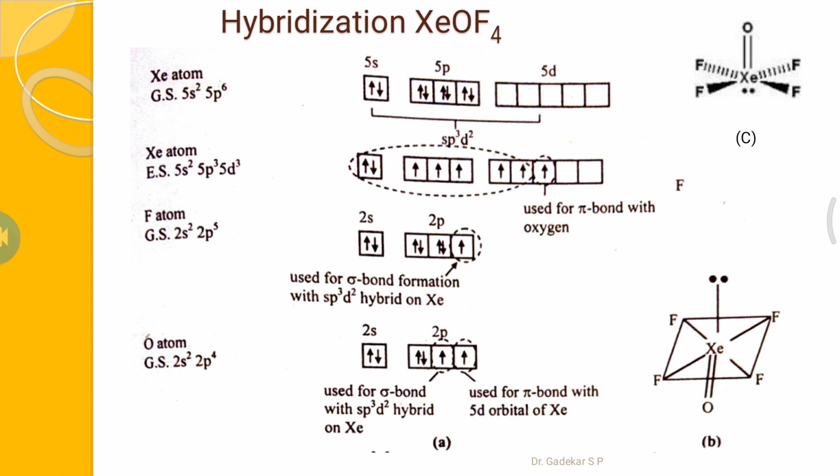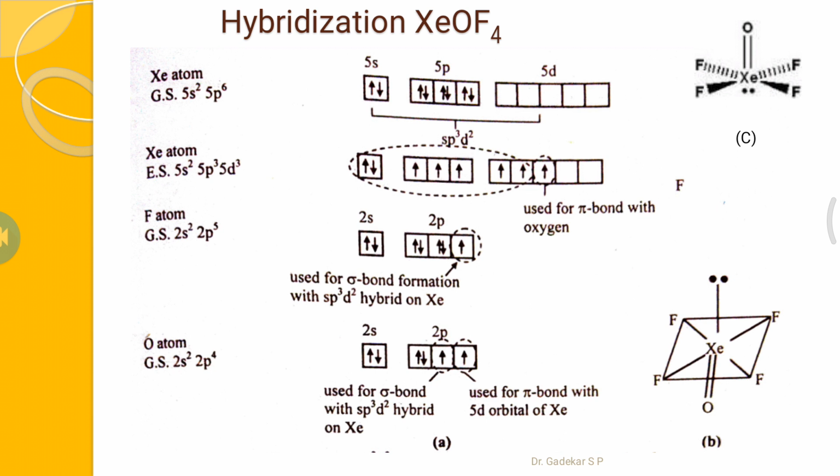So here is the hybridization concept, hybridization of xenon oxyfluoride. What is the ground state of the xenon atom? 5s2 5p6 electrons. These are paired, but they are excited.